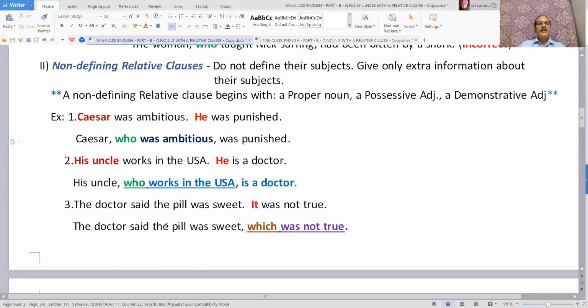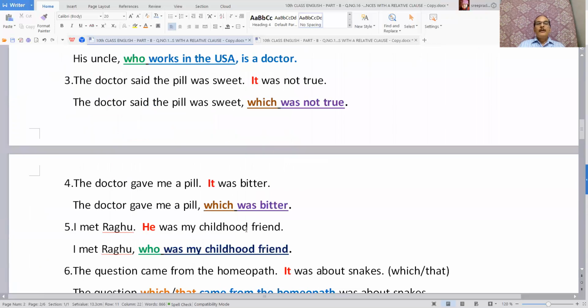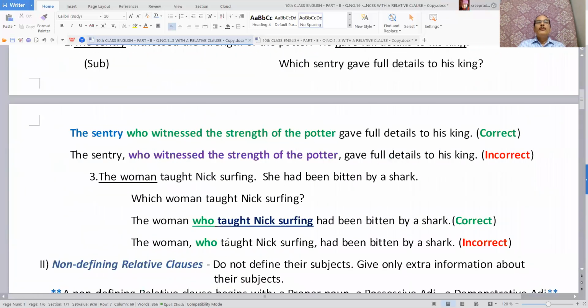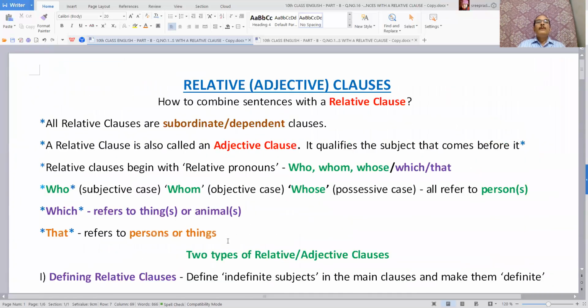For example, the doctor said the pill was sweet. This is a complete sentence, a complete clause. "Which was not true" is added after this statement. Even if you delete it, the meaning does not change. Like this, we can define what a relative clause is, and when a defining relative clause is used and when a non-defining relative clause is used.